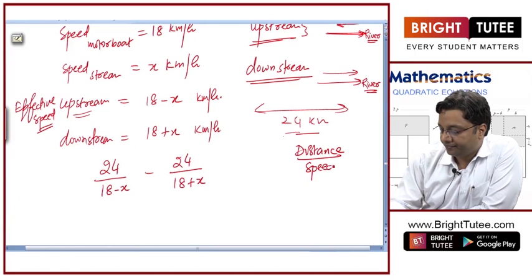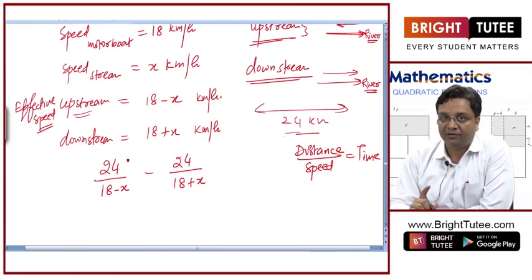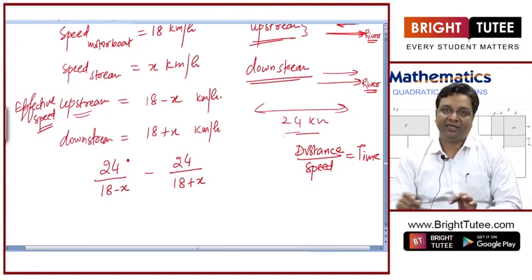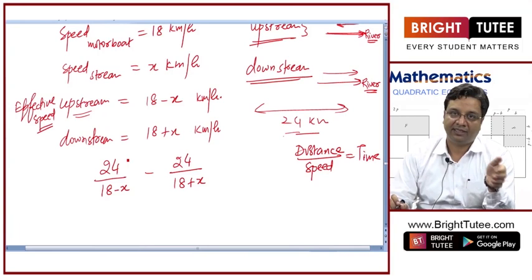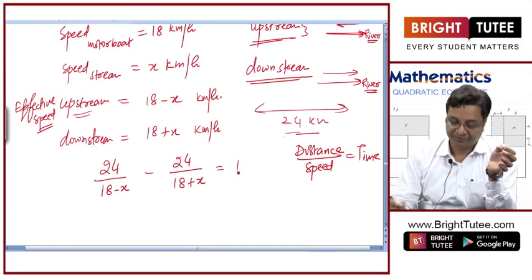Time taken is distance upon speed. Distance is 24 kilometers, and speed while going upstream is 18 minus x, while going downstream it is 18 plus x, and the difference is 1, right?